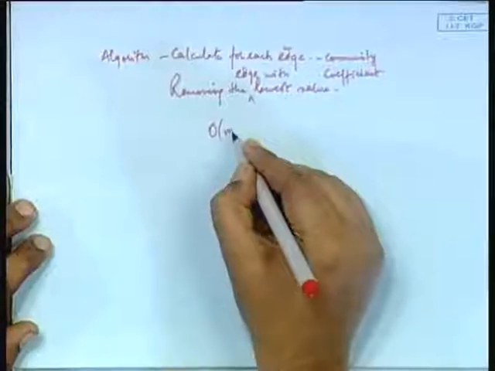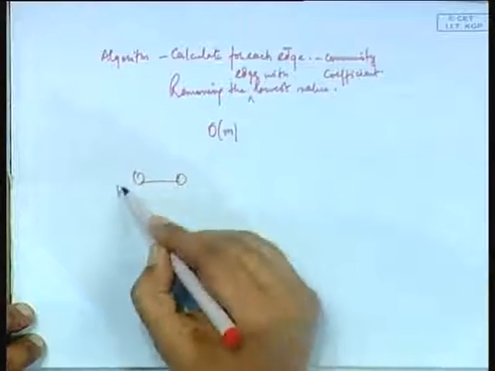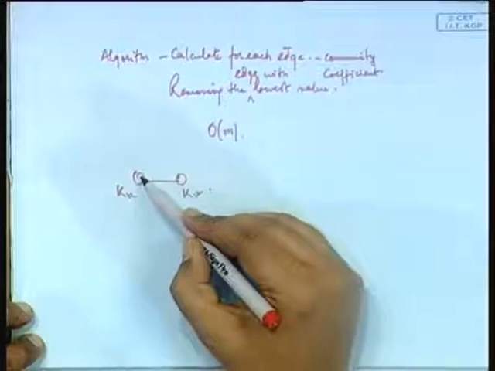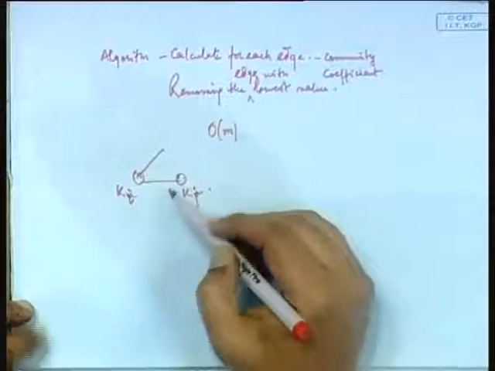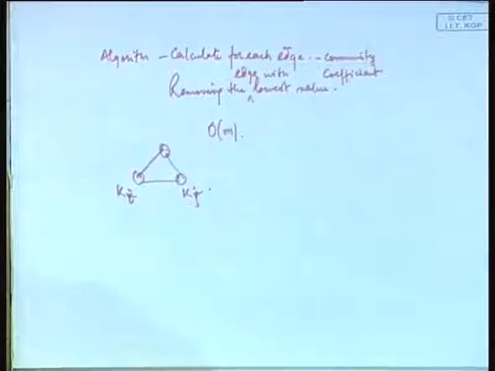This will be order m, okay, because calculating for each individual edge will be constant and there are m edges. No, you are just seeing this part. So, it is Ku and Kv. You have to check, if I have Ki, Kj, whether for a particular Ki and Kj you have a common edge.